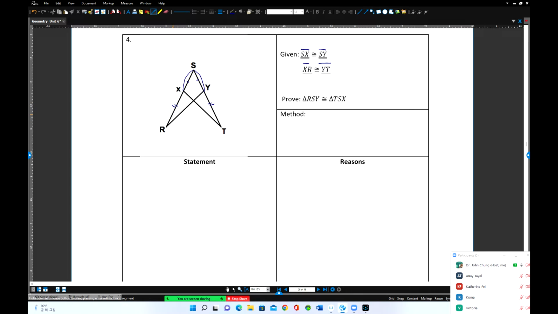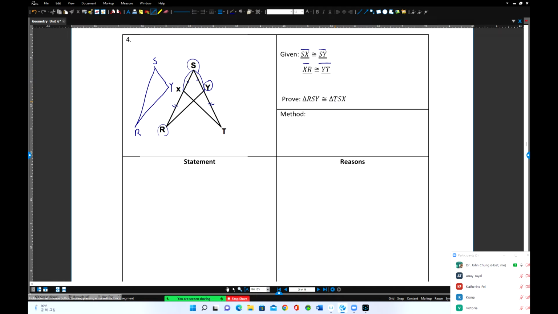Where is RSY? R here, S here, Y. In this case, I think it's better to separate the figure. Here, S, here, here. This is R, this is S, this is Y, okay?